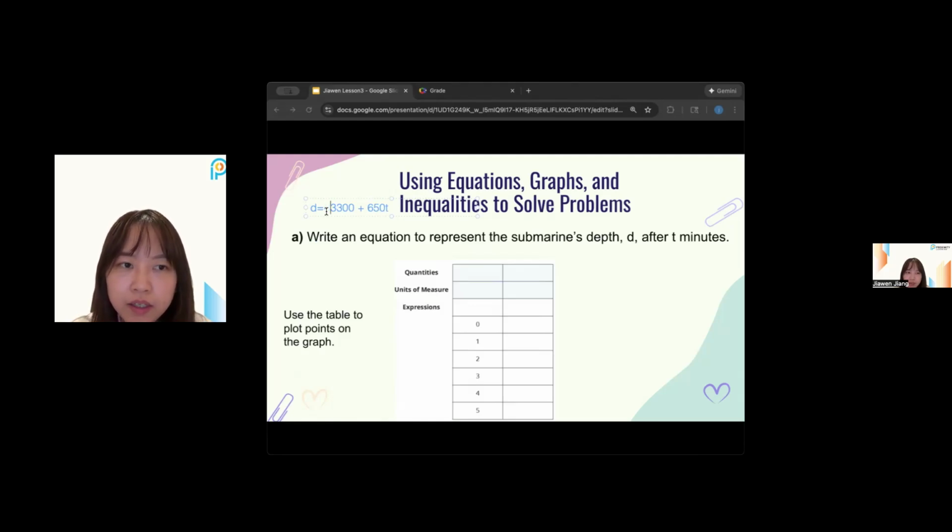Then use your calculator, okay? Let's test our equation using a table. So think about the time from 0 to 5. We are not guessing, we are using the equation. So this table shows points.